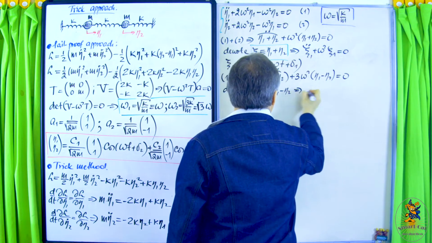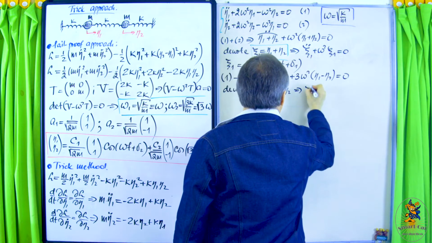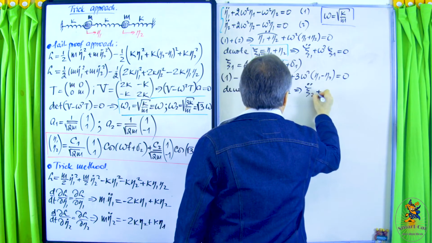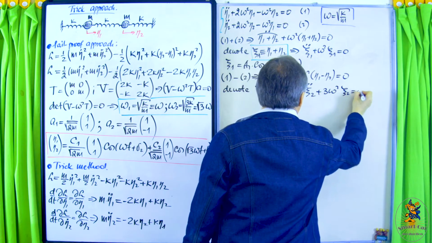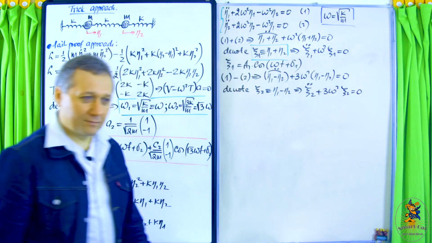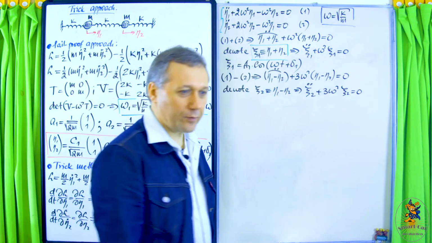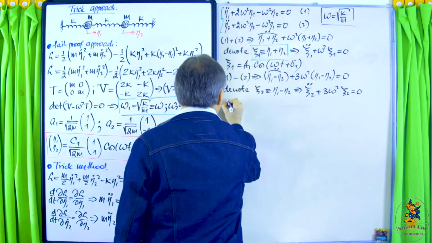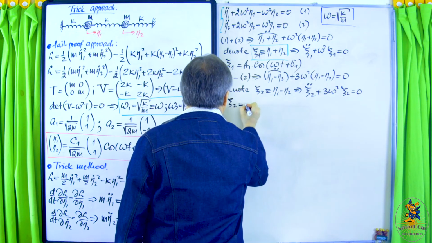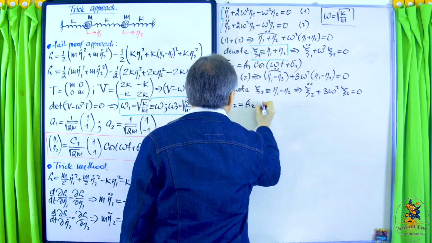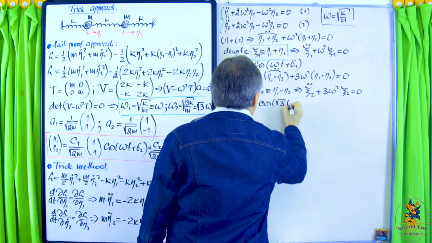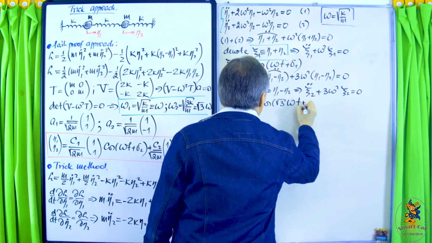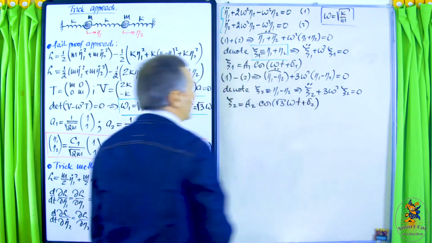And then, of course, the differential equation is trivial: psi 2 double dot plus 3 omega squared psi 2 equals 0. Piece of cake, right? So the solution can be easily written: psi 2 equals, now constant A2, A cosine of the square root of 3 omega t plus delta 2.